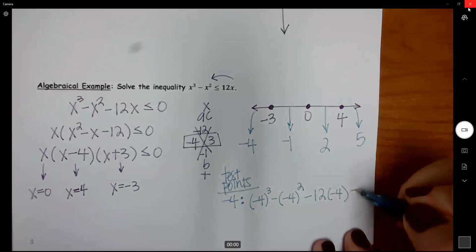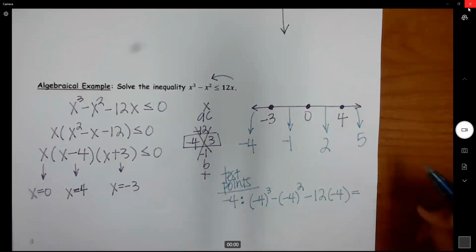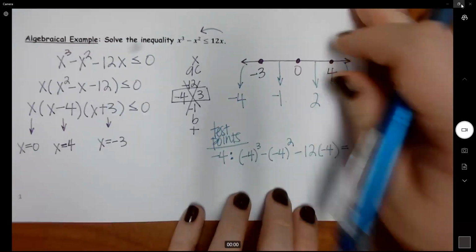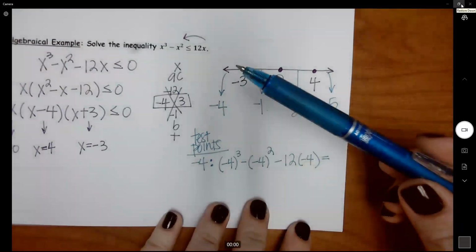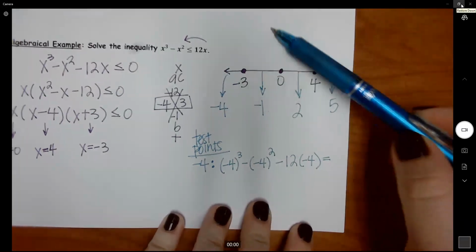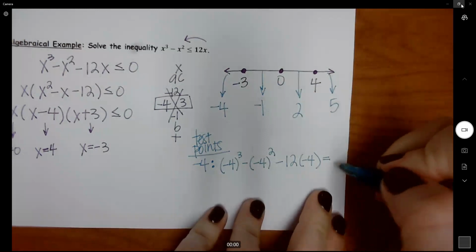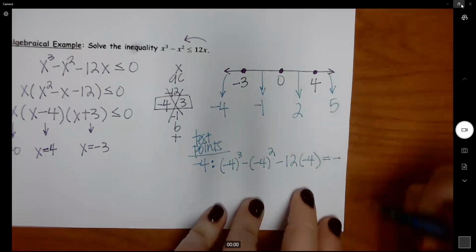When I plug this in, I don't really care what that number value is. What I care about is, is it positive or is it negative? Because positive tells me it's above the x-axis, while negative tells me it's below the x-axis. If you put that in your calculator, you get negative.